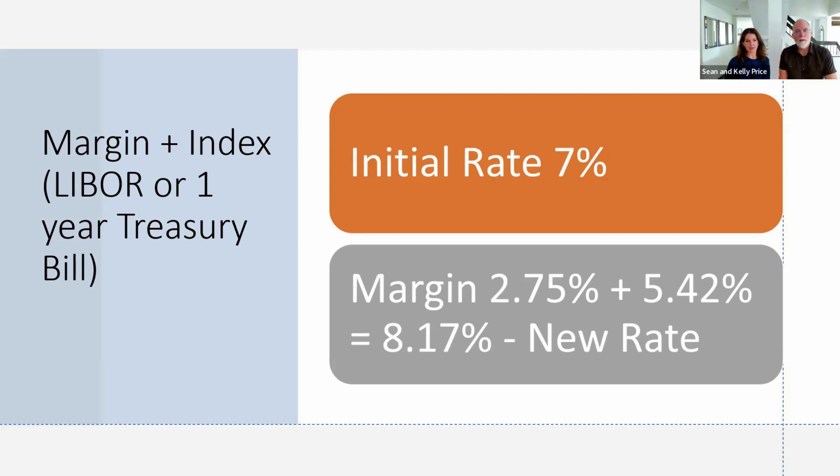So let's say, for example, the index, instead of being 5.42, had jumped to 8, and then we added your margin. Well, that would have gone beyond that 2 percentage point max. So it would just go down to the max, which would be 9% in this instance, right? You got it. Exactly. Very smart, Kelly.